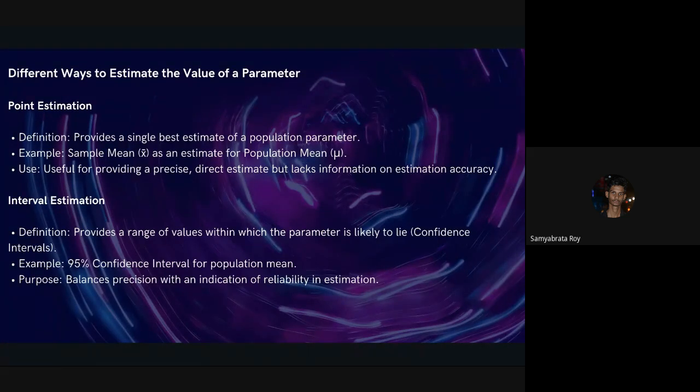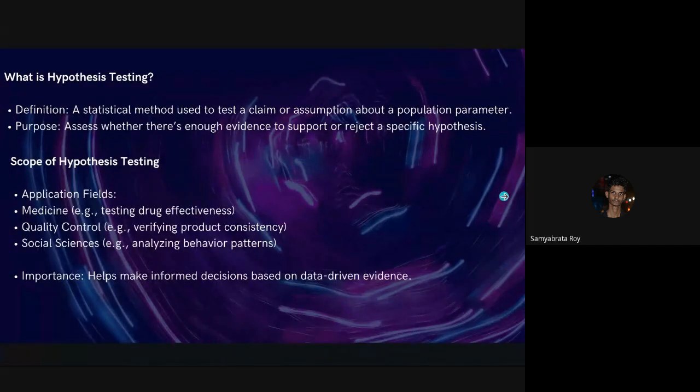So these are two popularly used estimation methods. Next we should go forward with hypothesis testing. So what do you do in case of hypothesis testing? Based on the data we have, we assume two things. One is the null hypothesis, another one is the alternative hypothesis.